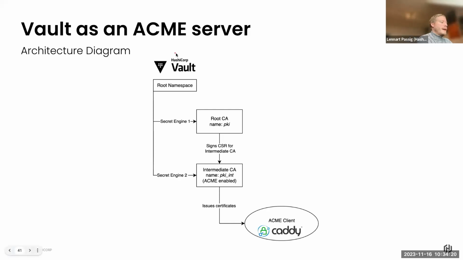Within the root namespace, we have 2 secret engines. One serves as the root CA, the other serves as the intermediate CA, which is ACME enabled and issues the certificate to our ACME client, which is a Caddy web server. This is the goal of the hands-on lab. There are a couple of bonuses here and there that you can choose to do, and then we'll come back after that session to talk about the summary.